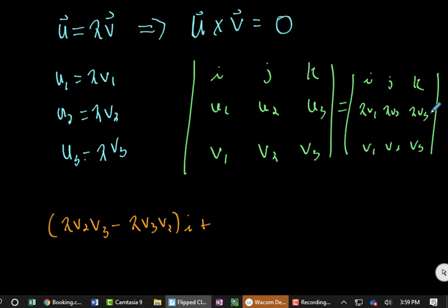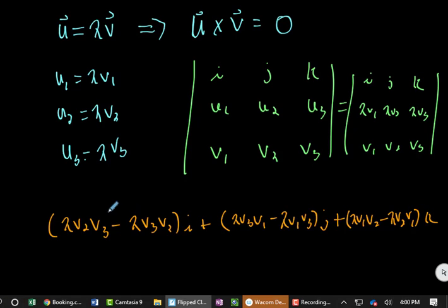Plus, the other one I do this way: lambda v sub 3 v sub 1 minus lambda v sub 1 v sub 3, j. And then the last one would be lambda v sub 1 v sub 2 minus lambda v sub 2 v sub 1.